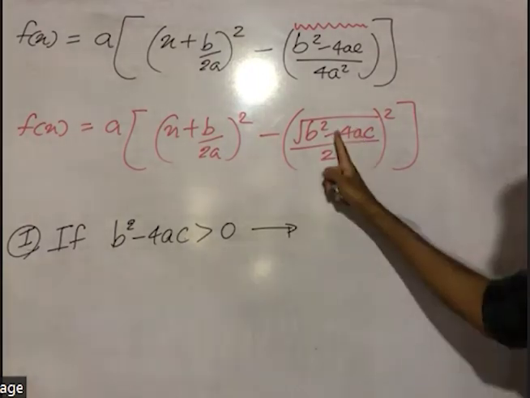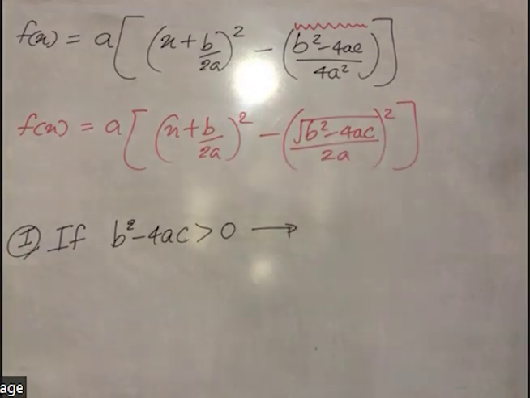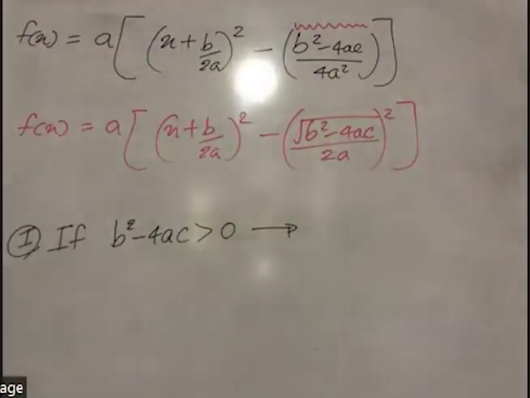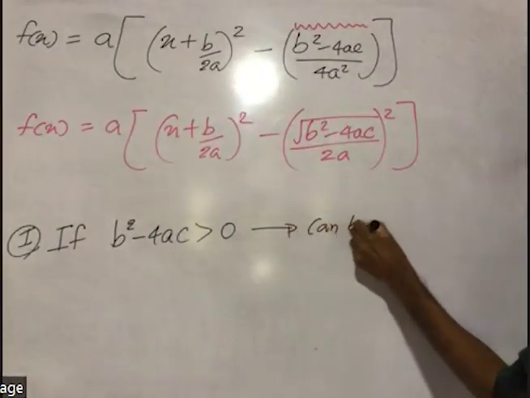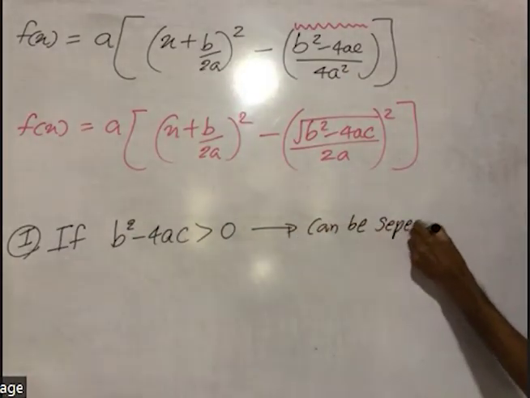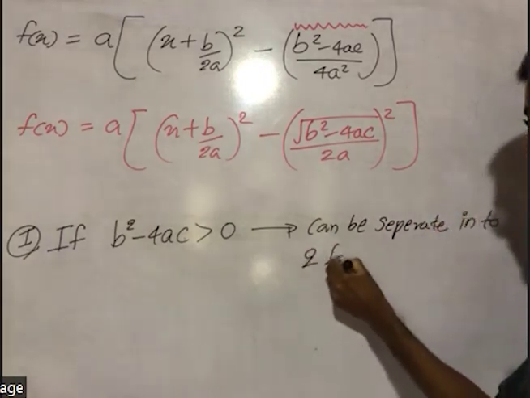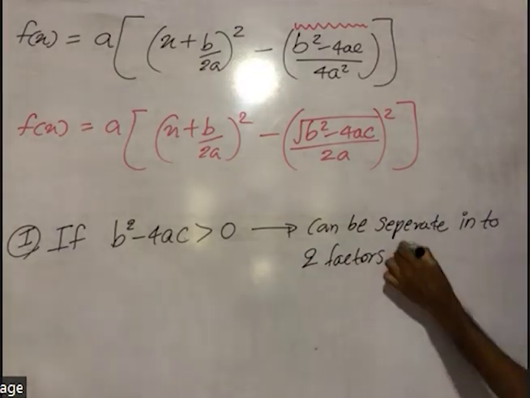If this is a positive value, then this can be written as a complete square. Then you can separate this into two factors.